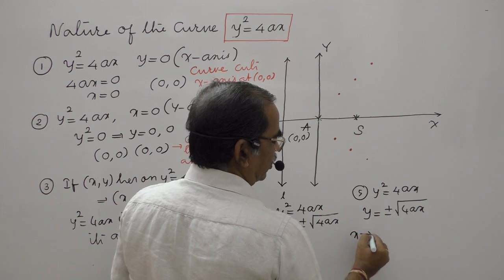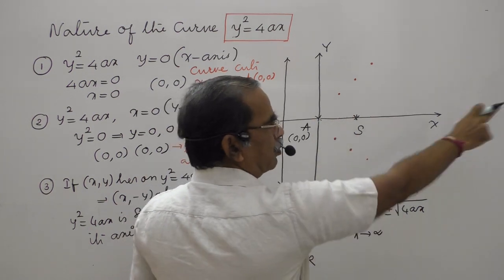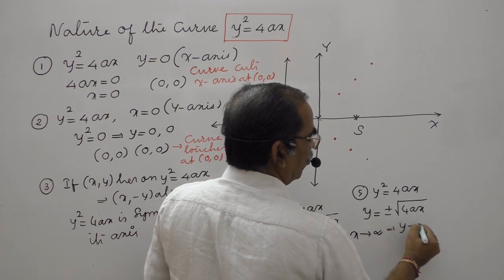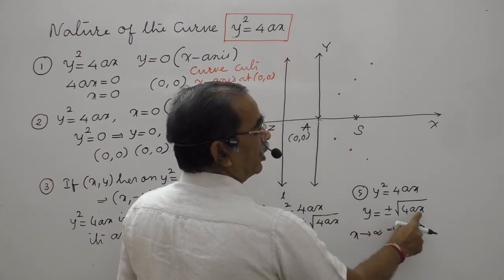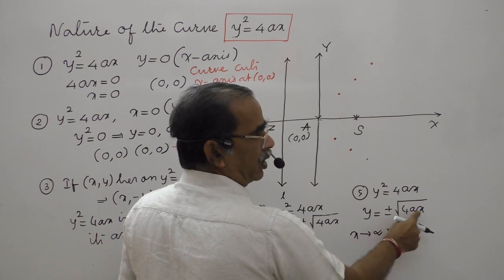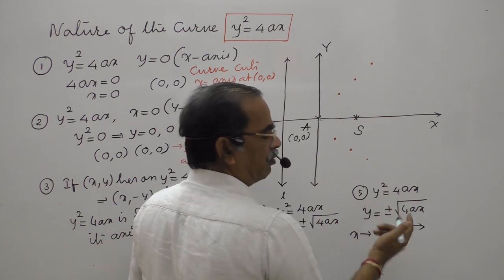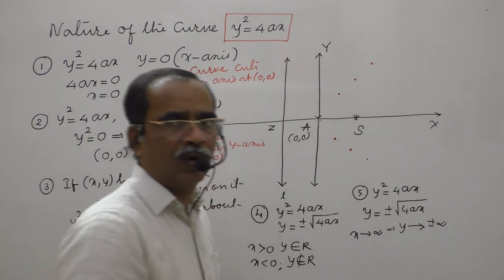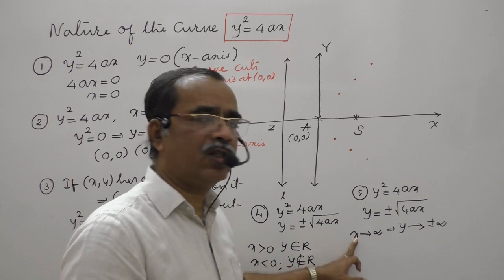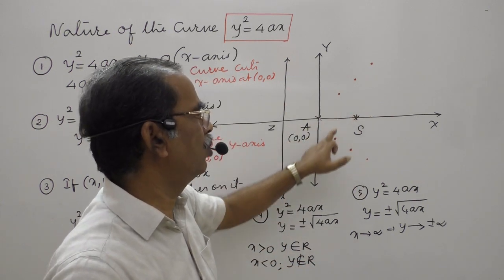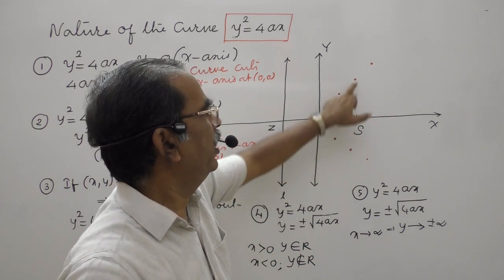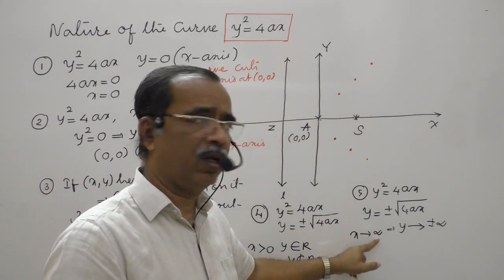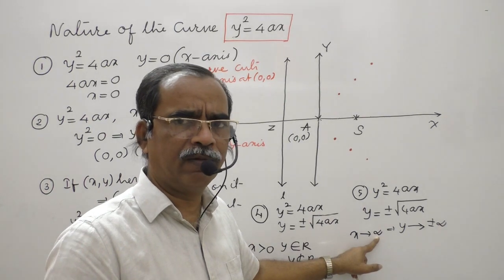So if x is tending to plus infinity, then what about y? Infinity into something is infinity, square root of infinity is also infinity, and plus or minus is there. Already I said for each value of x there will be two y values. As x, how many values can we take? Any number of values.